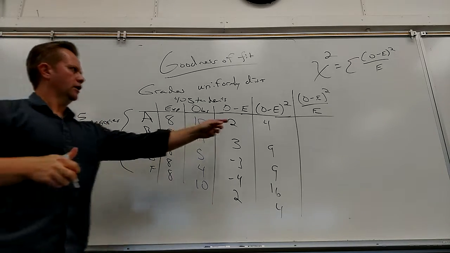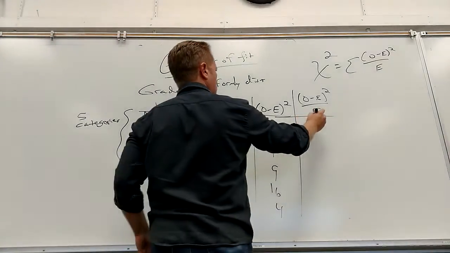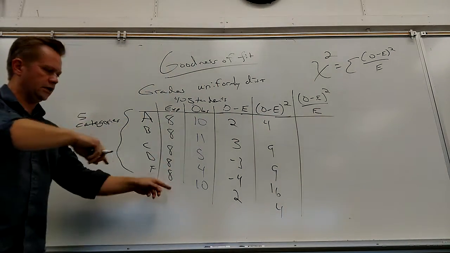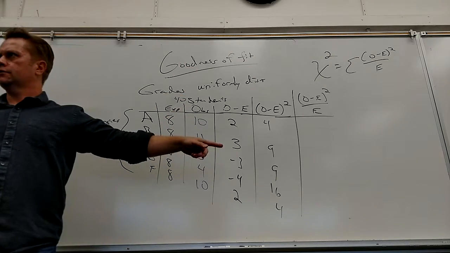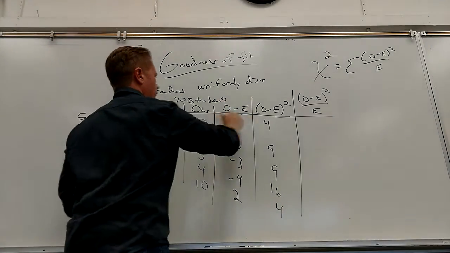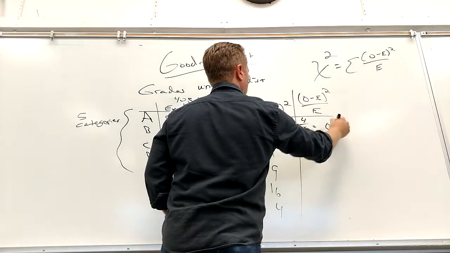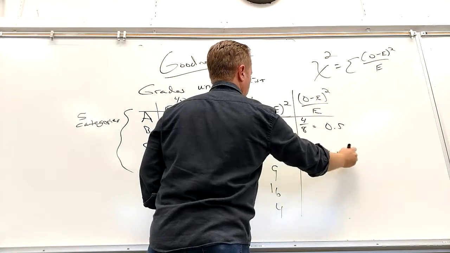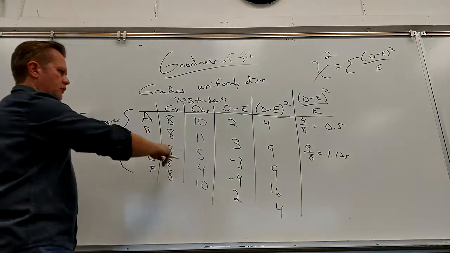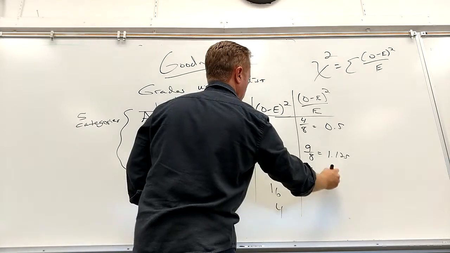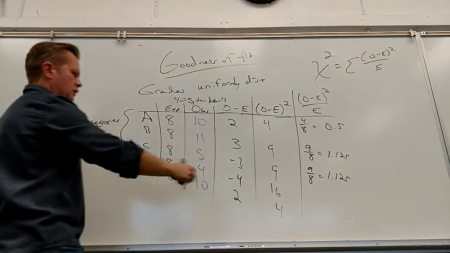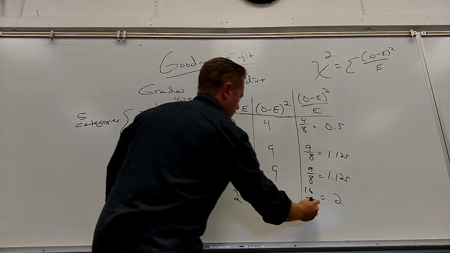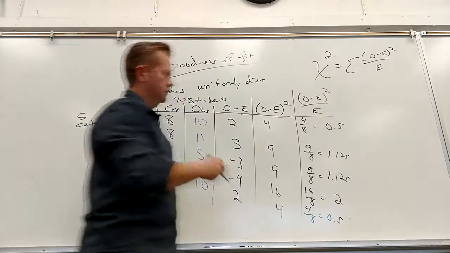Okay, so if I do 4 divided by 8, I get 0.5. So 4 divided by 8, is everybody with me? You can imagine how the lists in the calculator could help you with this, right? So it'd be 4 over 8, 0.5, 9 over 8, 1.125, 9 over 8, 1.125, 16 over 8, 2, and then 4 over 8 again, 0.5.